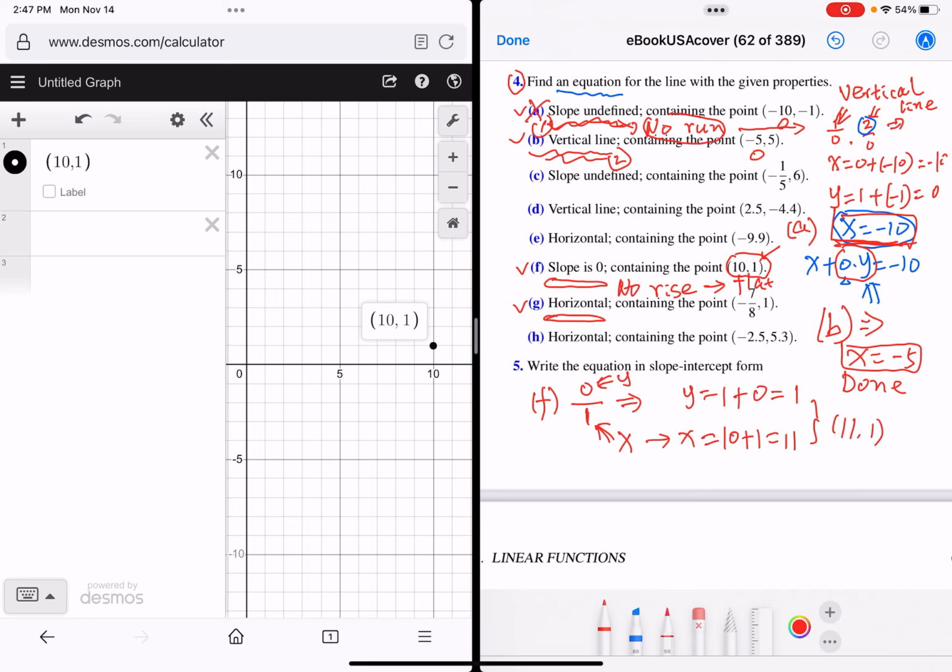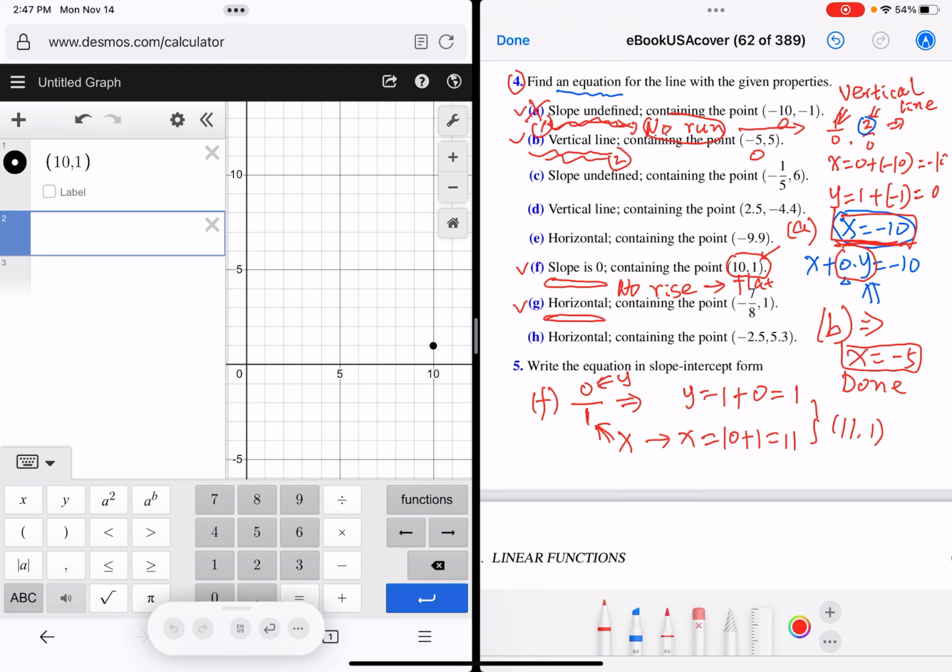You will see that's a horizontal line. For a horizontal line, y is a constant.